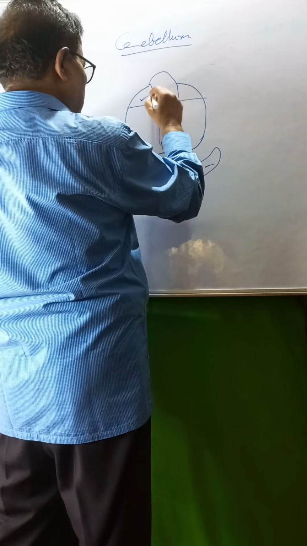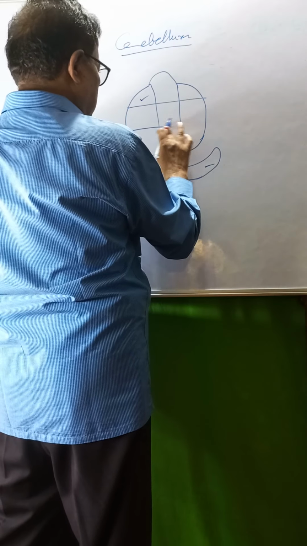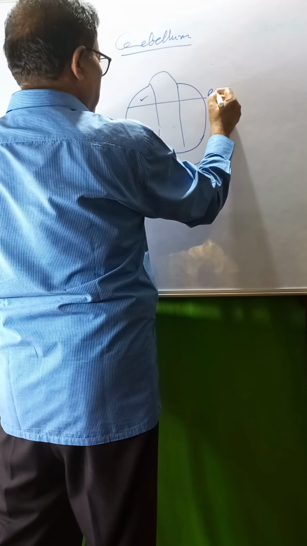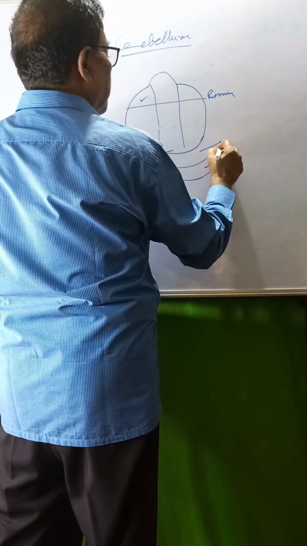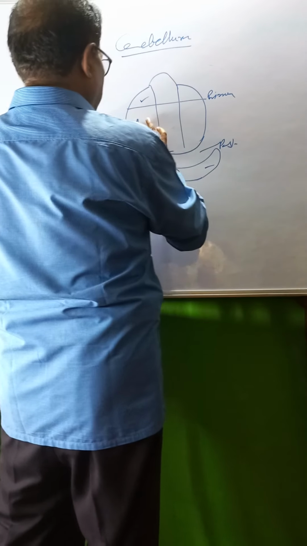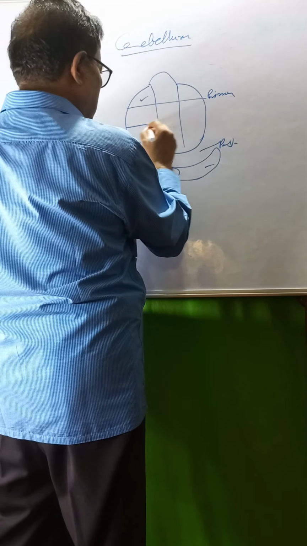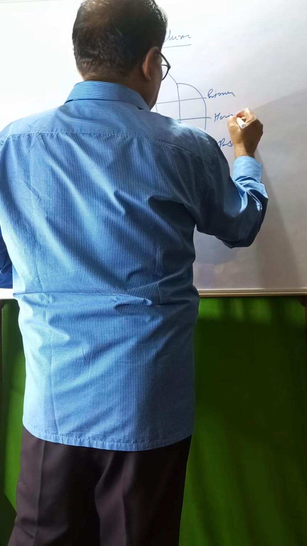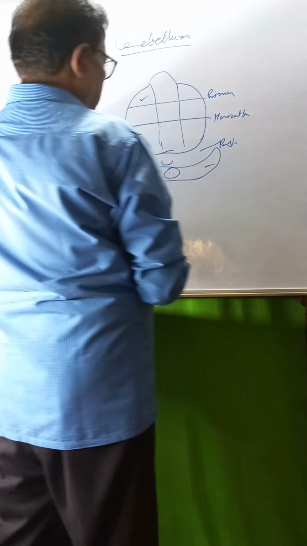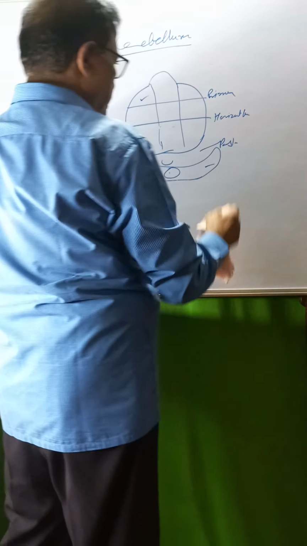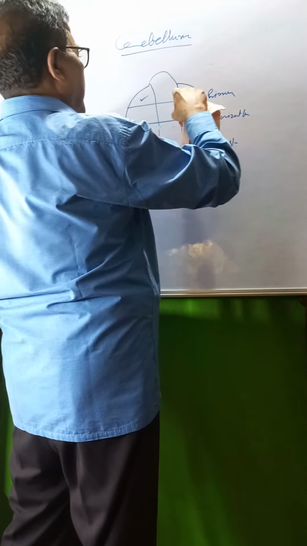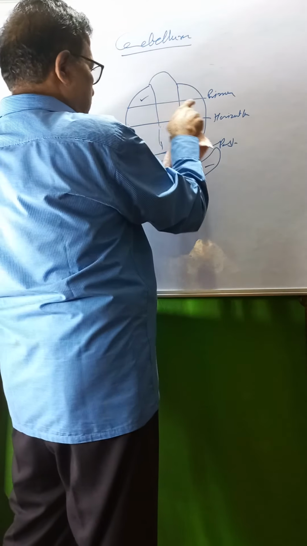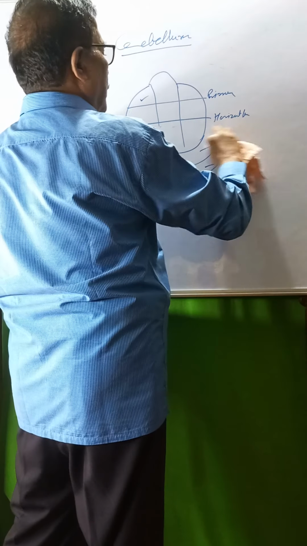Primary fissure divides the anterior from this posterior part. This is posterolateral fissure, and the posterior lobe is also divided into some lobules by the horizontal fissure. We are concerned mainly with primary fissure: this is anterior lobe, this is posterior lobe and flocculonodular lobe.